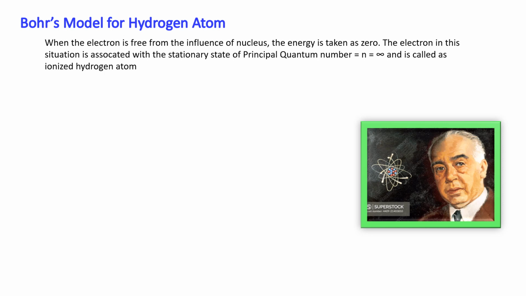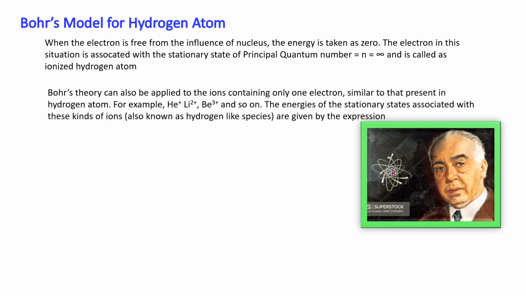Bohr first derived the formula for energy and radius for a one electron system, that is, for a hydrogen atom.